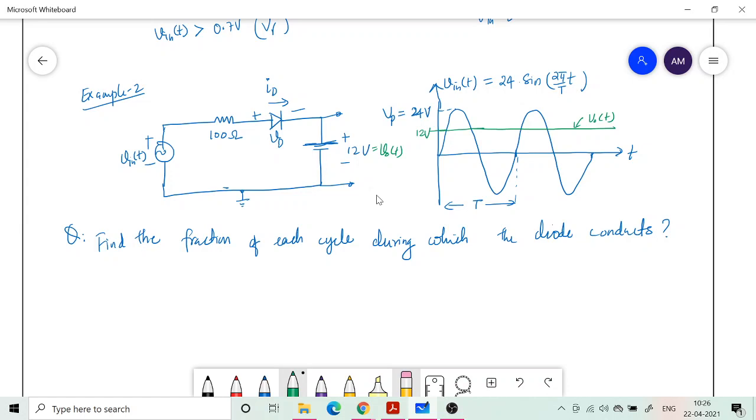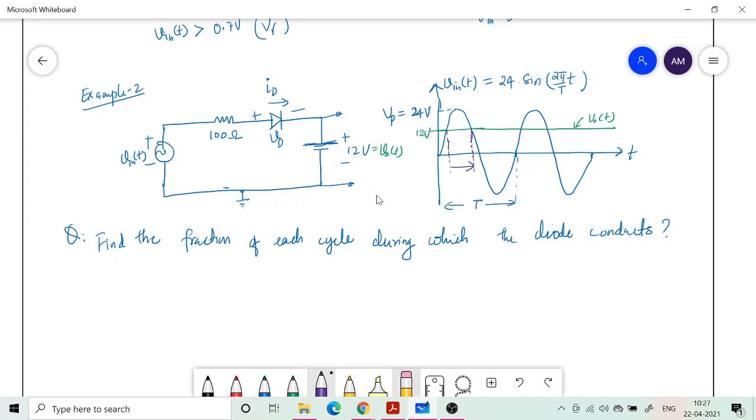That's not what is asked. What is asked is when the diode becomes forward bias and when it becomes reverse bias, treating it as an ideal diode. So what are your thoughts? We know that the N side voltage is plus 12 volt, so the P side voltage has to go above 12 volt, which will happen at this instant of time. This is the period during which the diode is going to be forward bias in one cycle.